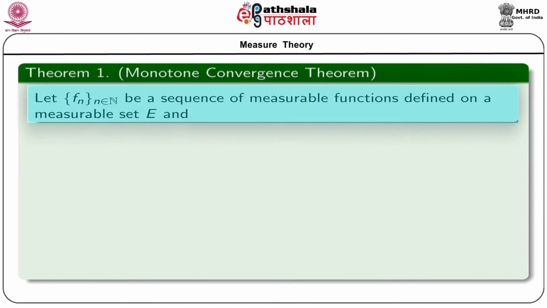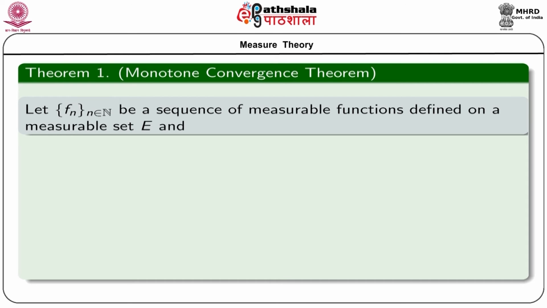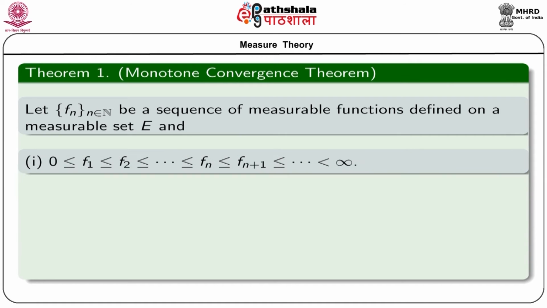which is known as the monotone convergence theorem. Let Fn be a sequence of measurable functions defined on a measurable set E, and we take the sequence Fn as monotonically increasing, that is 0 ≤ f1 ≤ f2 ≤ ... ≤ Fn ≤ Fn+1.